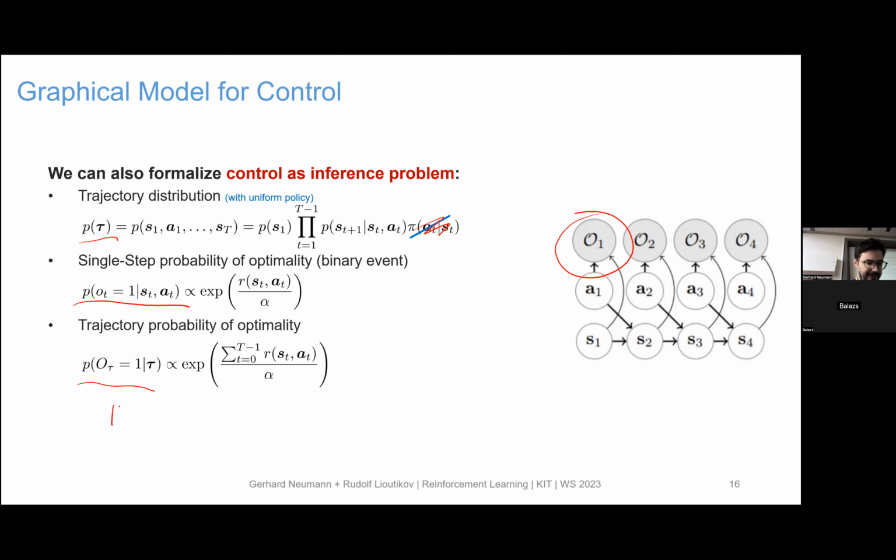That would be just the product of P(o_t = 1 | s_t, a_t). And because the product of exponentials is the exponential of the sum of the arguments, it's the exponential of the sum of the rewards along a trajectory.